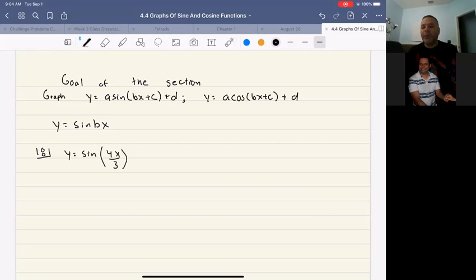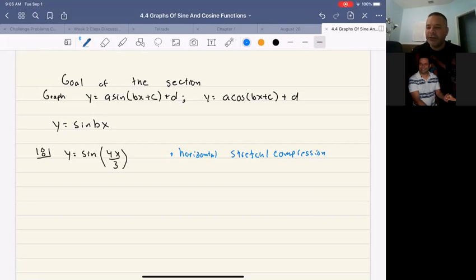Now what we're going to do is recognize that this is sort of a stretch or compression in the horizontal direction because it's acting on x. It's actually a compression, but that's not really so important.